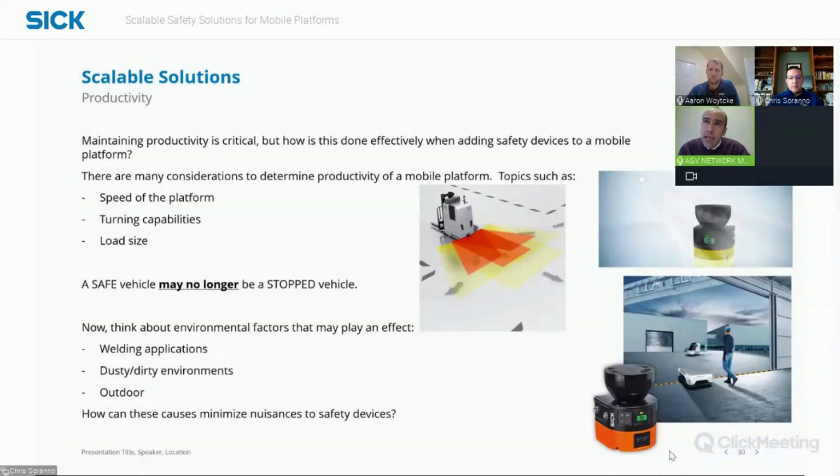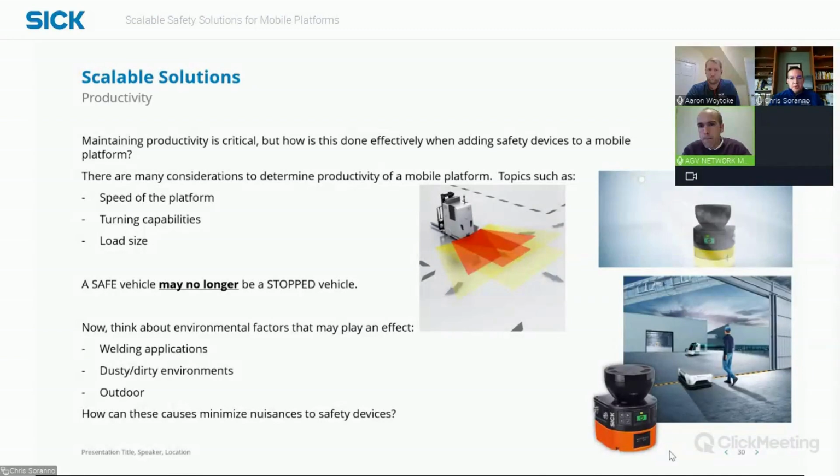I'm asking because I'm thinking about, for example, in outdoor applications, how do we do the risk assessment, maybe for wet floor, or how can I set the laser scanner area? What conditions do I have to take into consideration for wet floor or icy floor? How do we do this?